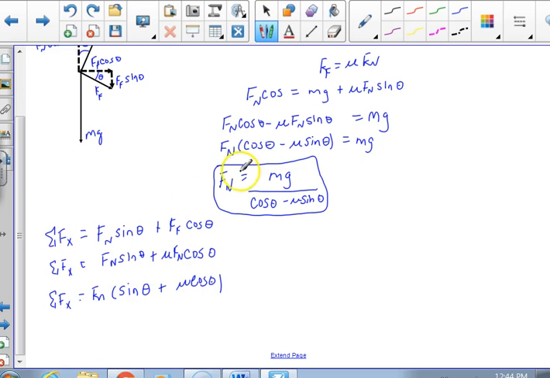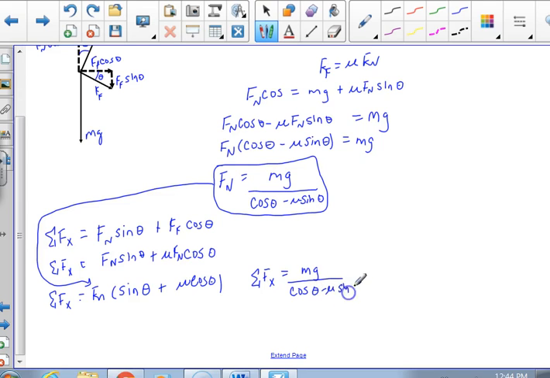We can substitute in our value for Fn that we have here and say sum of forces in the x equals mg over cosine theta minus mu sine theta, times sine theta plus mu cosine theta.